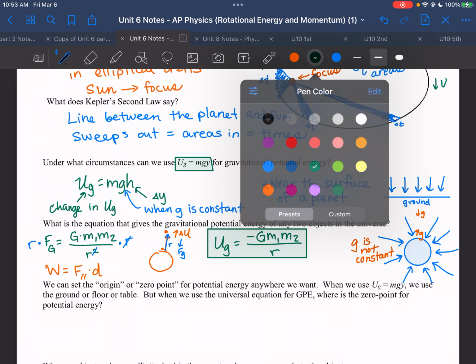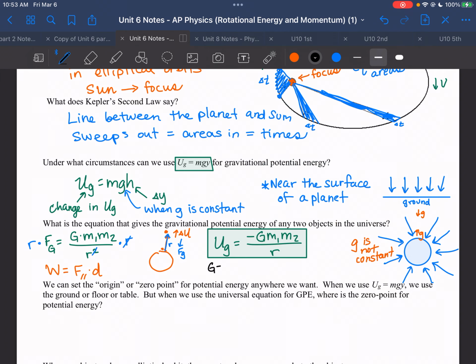So just to write our variables down here, we know G is going to be that 6.67 times 10 to the negative 11th. Units would be Newton meters squared per kilogram squared. M1 and M2 are going to be masses of our objects. Obviously the units here are kilograms. And the last one is R, and R is going to be the distance between the two.